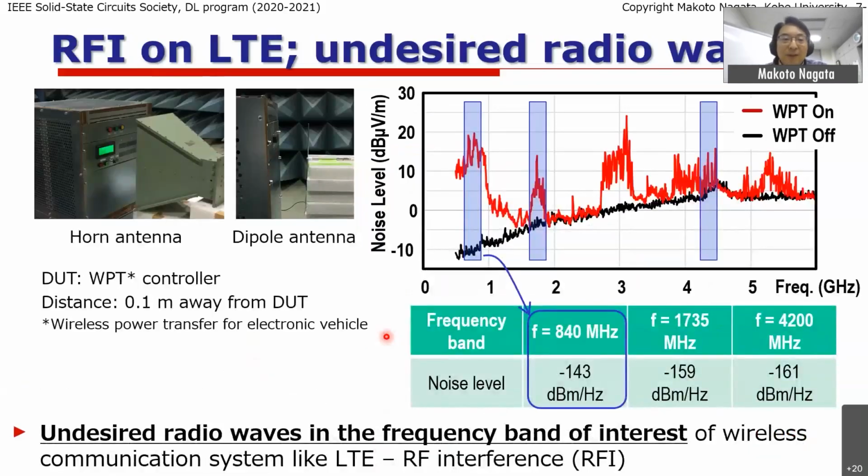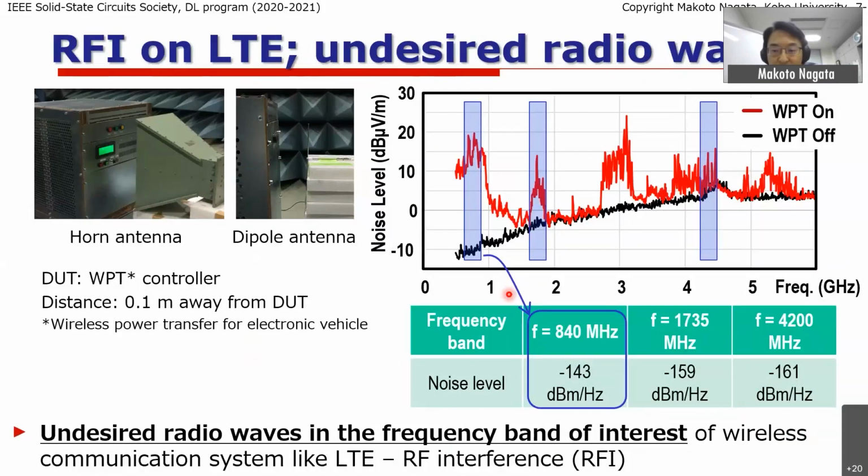Now, this is the image of EMC. RFI stands for RF interference. Take LTE, long-term evolution, one of the latest mobile cellular wireless communications; undesired radio waves can interfere with the operation of LTE.